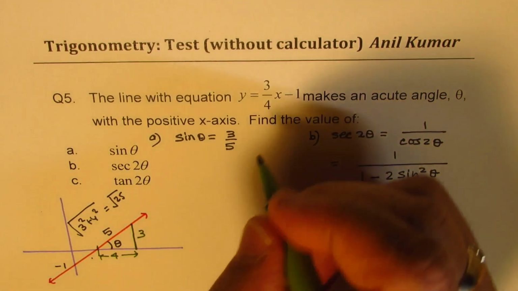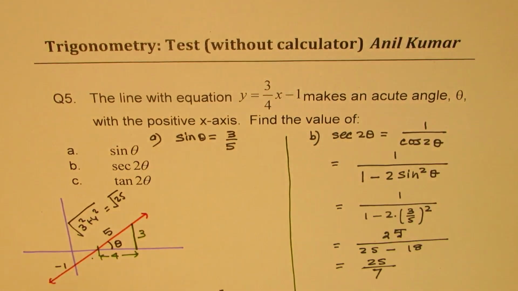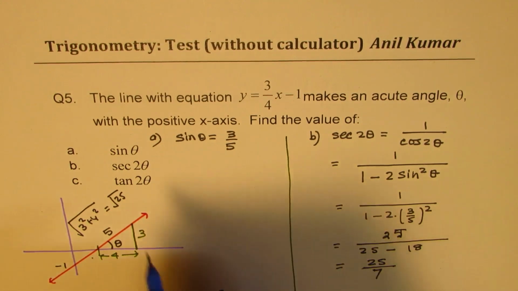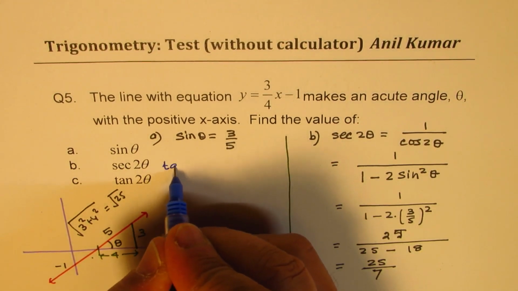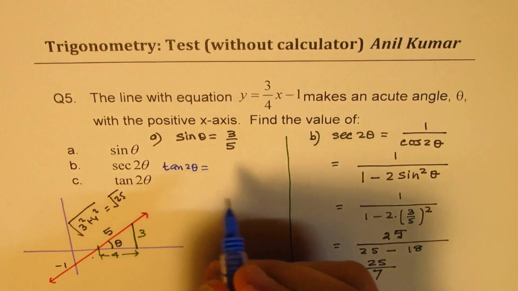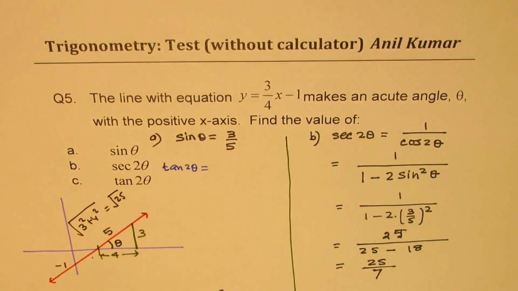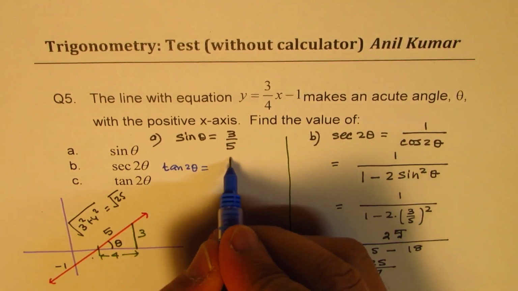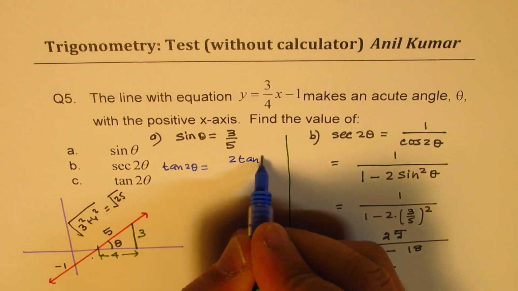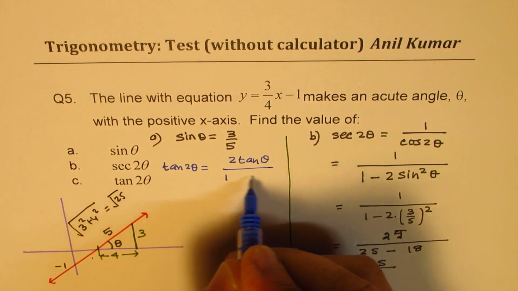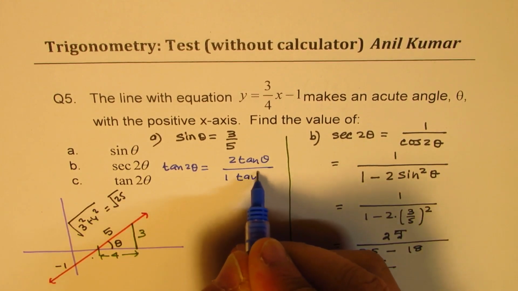Perfect. Now let's calculate what tan 2 theta equals. Now tan 2 theta, using the formula, we have tan A plus tan B, so which is 2 tan theta over 1 minus tan A tan B, or tan square theta, correct?